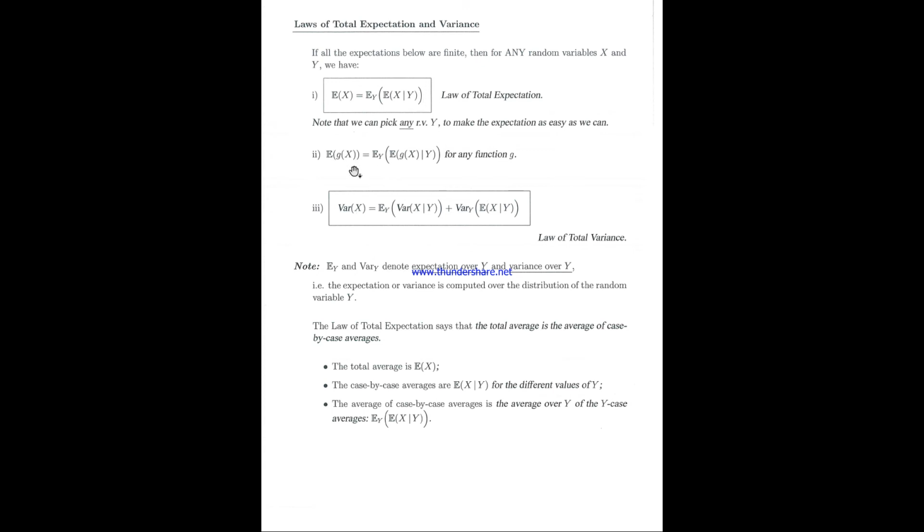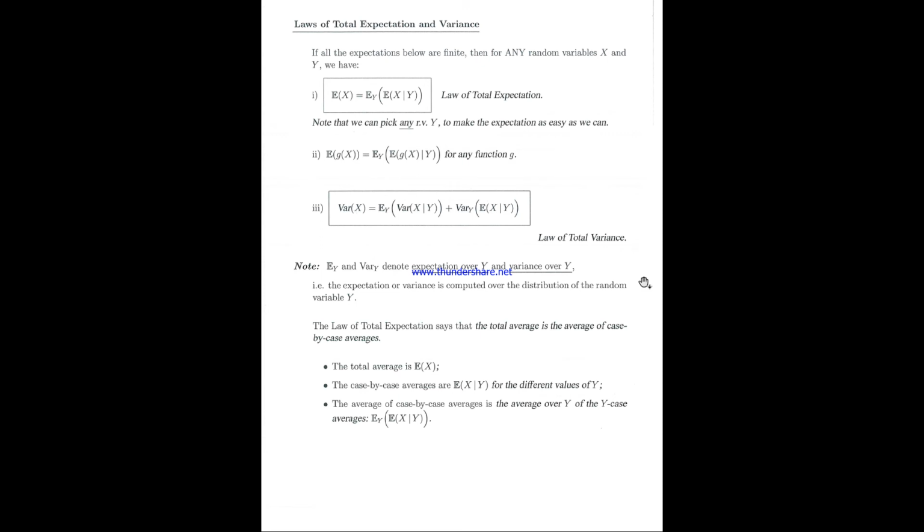And then if you have a function of x, you can write the expected value of the function g of x as the expected value over y of the expected value of g of x given y, for any function g. And the variance of x, you can write as the expected value over y of the variance of x given y, plus the variance over y of the expected value of x given y.